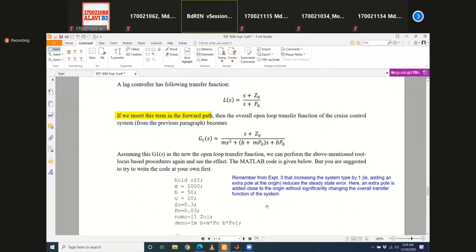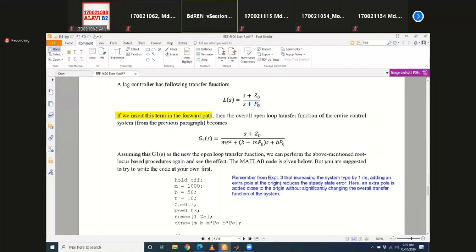We are adding an extra pole, not at the origin exactly, because adding an extra pole at the origin will increase the system type. That is what we want to do, but we are adding an extra pole at minus p naught, right? If you equate s plus p naught equal to 0, we are adding it at minus p naught, right? Yes, sir.